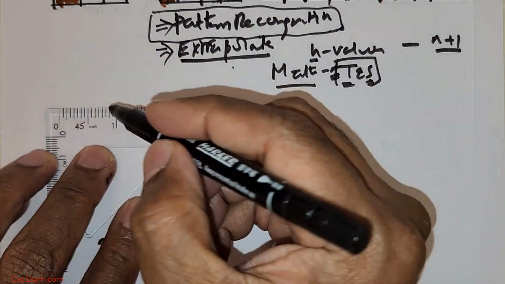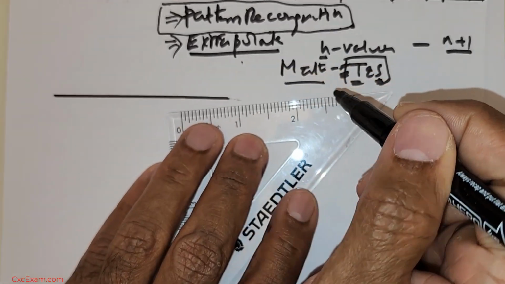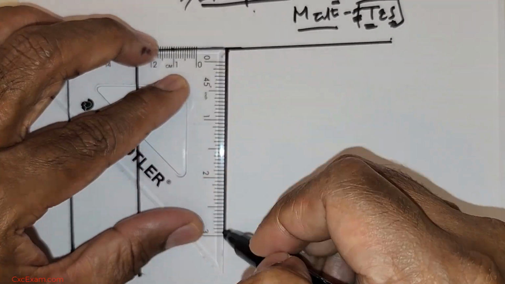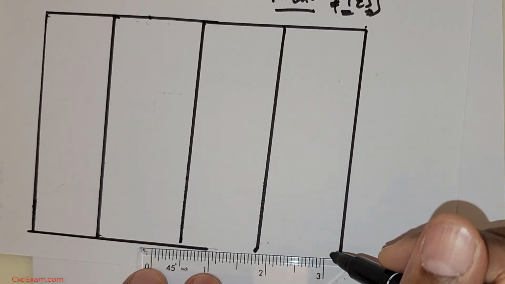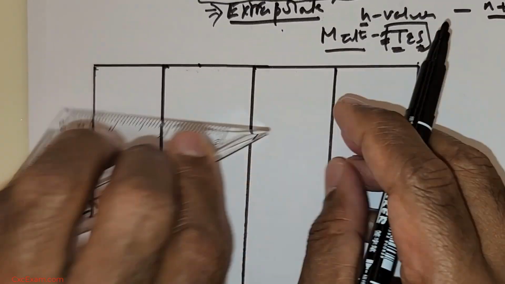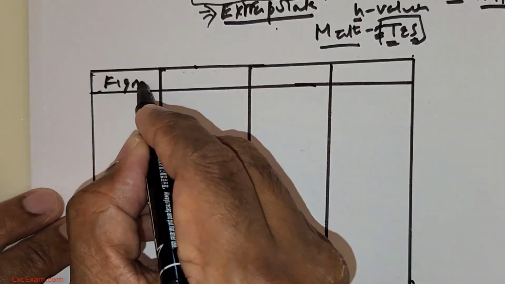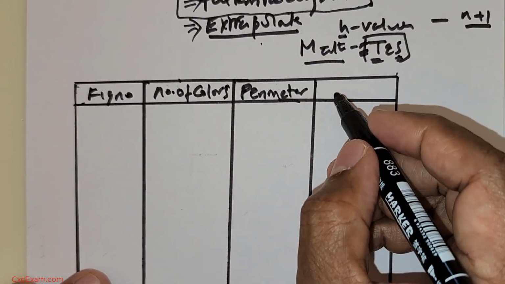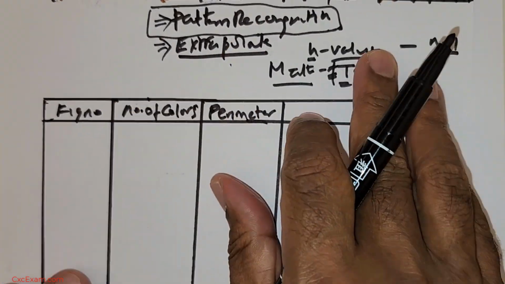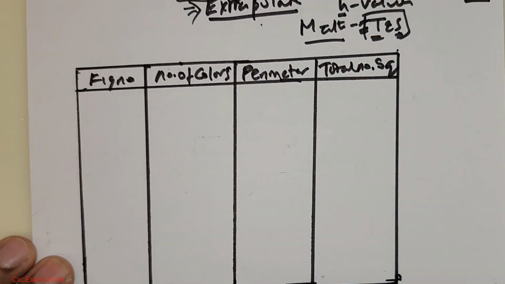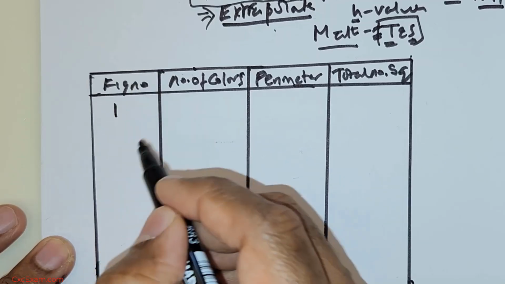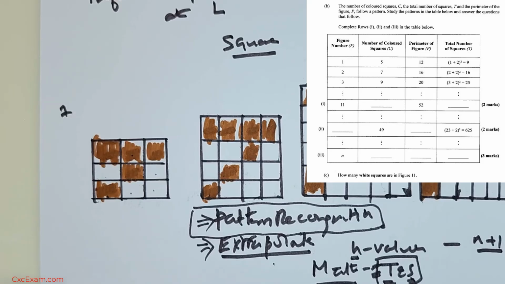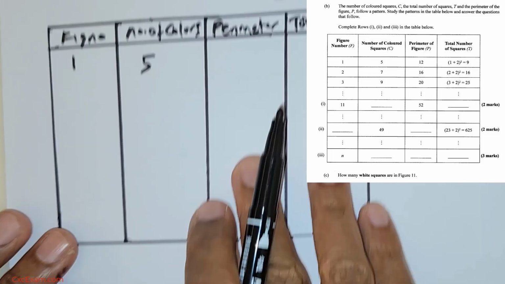Now we've been given a table, so let me draw the table. So let me write the figure 1. Figure 1, number of colored squares is 5: 1, 2, 3, 4, 5.